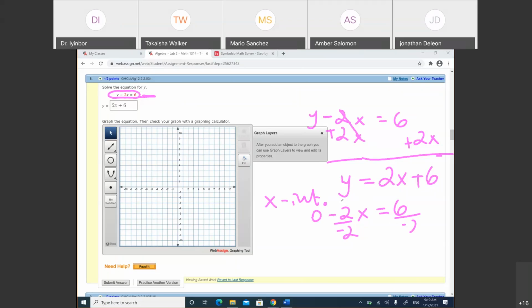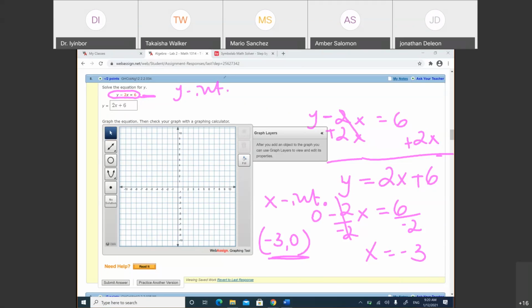So that will give me x equals -3. So the x-intercept is -3 and 0. That's my x-intercept. And then finding the y-intercept, I'm gonna write it here, y-intercept.